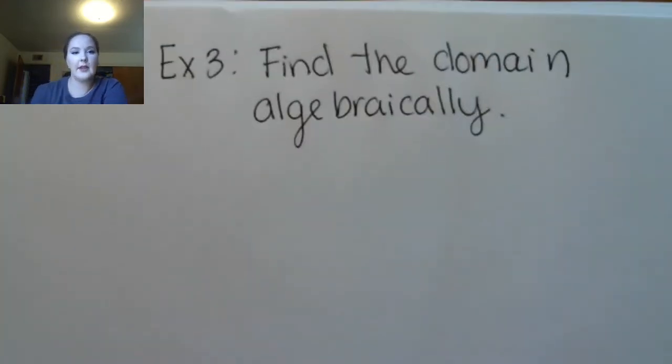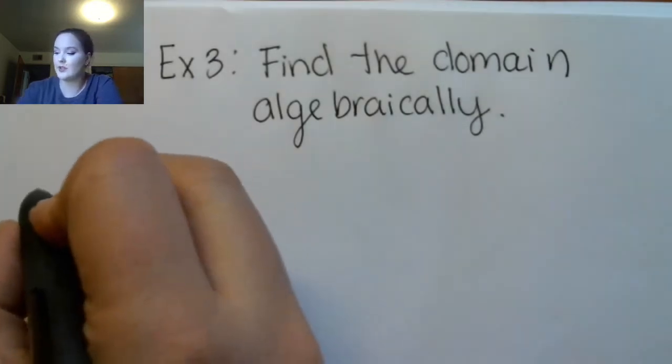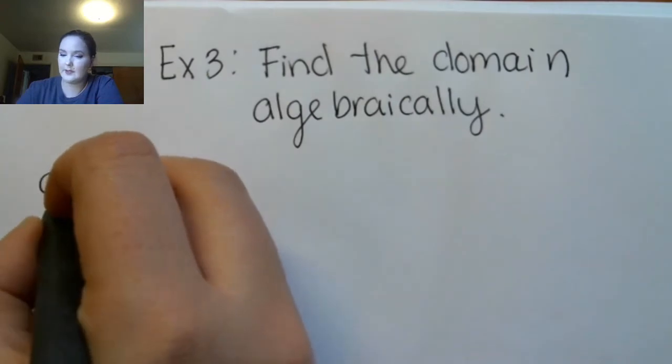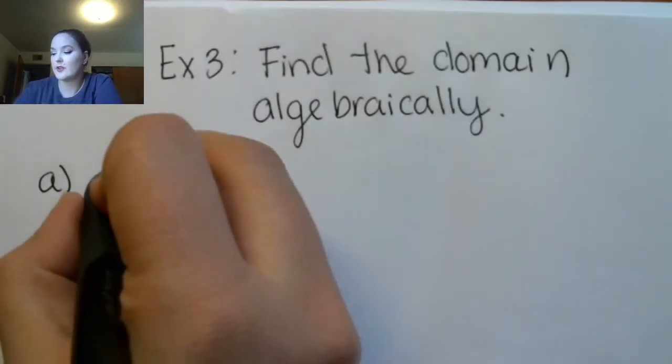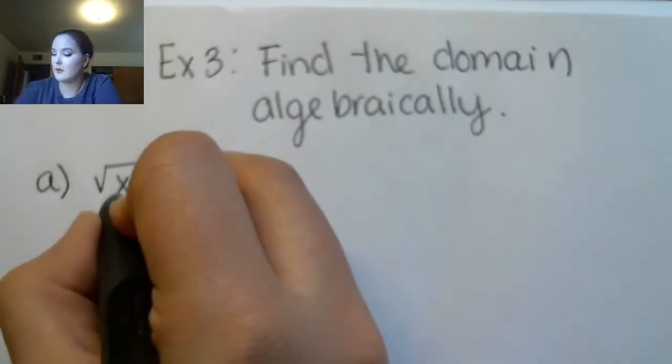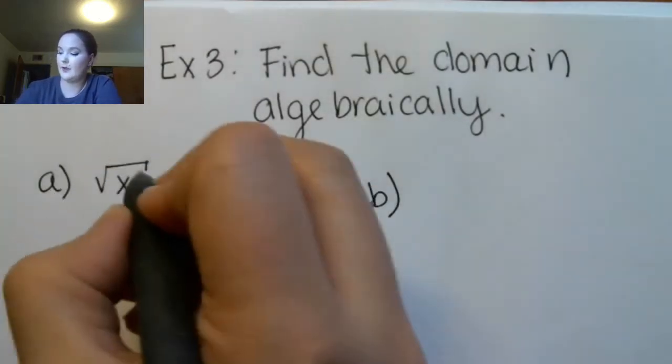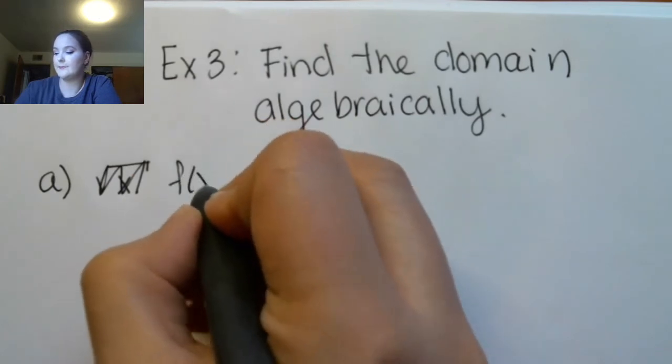Okay, now this relates to when you have a function that's represented by an equation. So let's look at our two functions that we see the most. I should probably put f of x on.